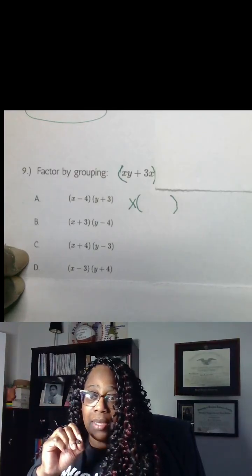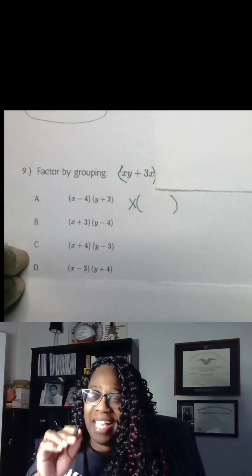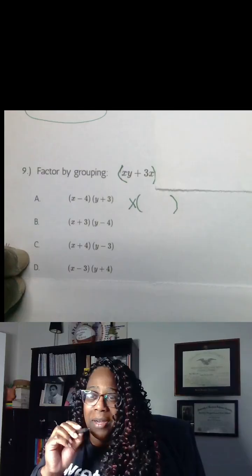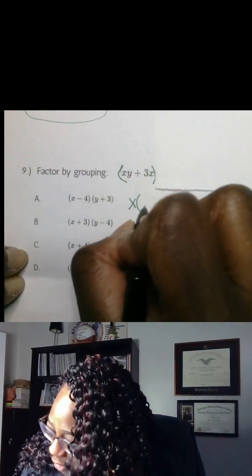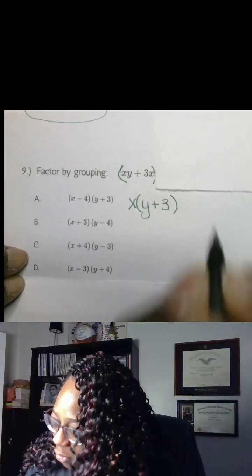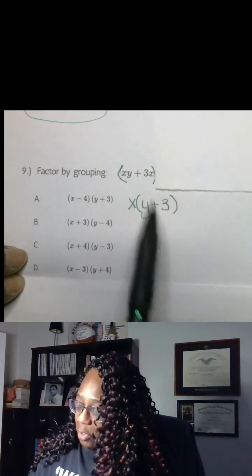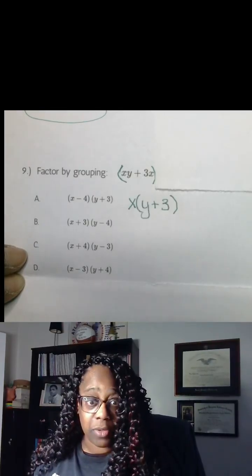Thank you, Riley, and a whole bunch of people after that. We got John, we got Harper. Good. So we said Y plus 3. If we factor out these X's, what's going to be left is Y plus 3.